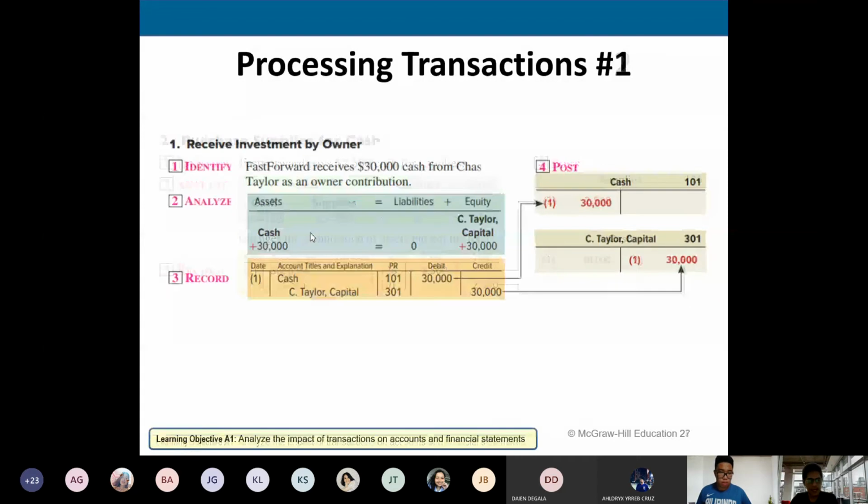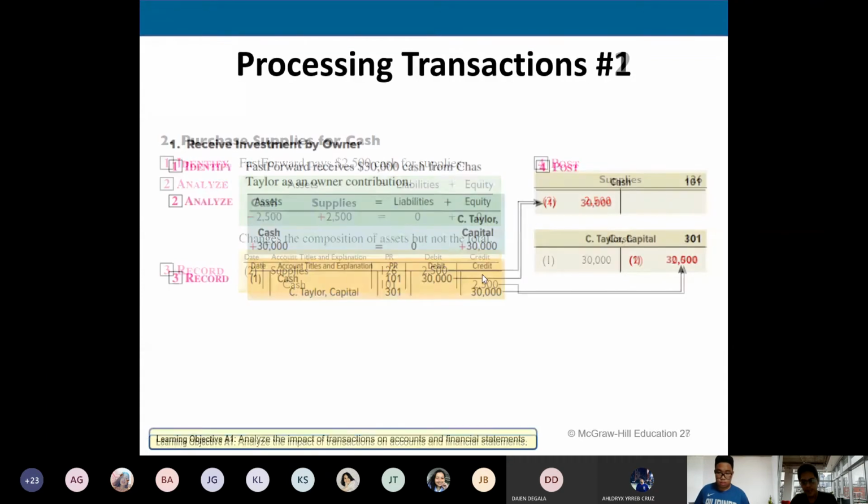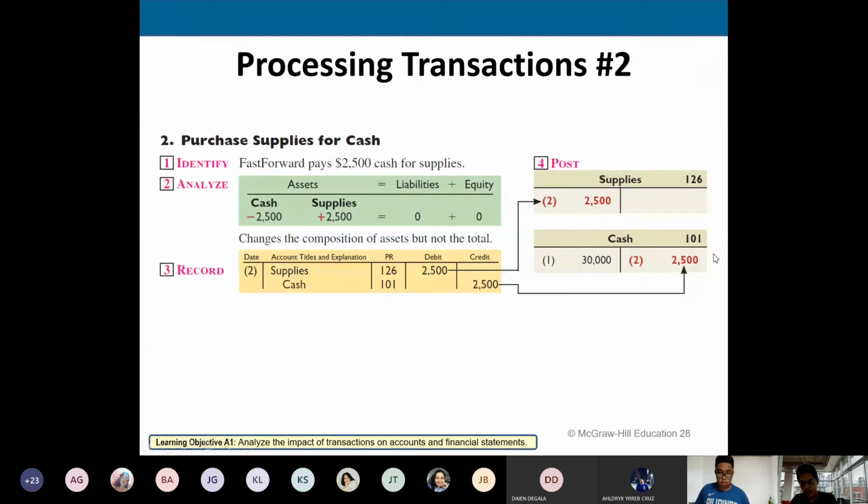Tignan nyo, ang unang transaction natin that does affect cash is yung investment na 30,000, tama? Sa second transaction natin, bumili tayong supplies na 2,500. Kaya yung 2,500 na yan, based sa general ledger natin, or sa T account natin, is nilagay natin dito, no?